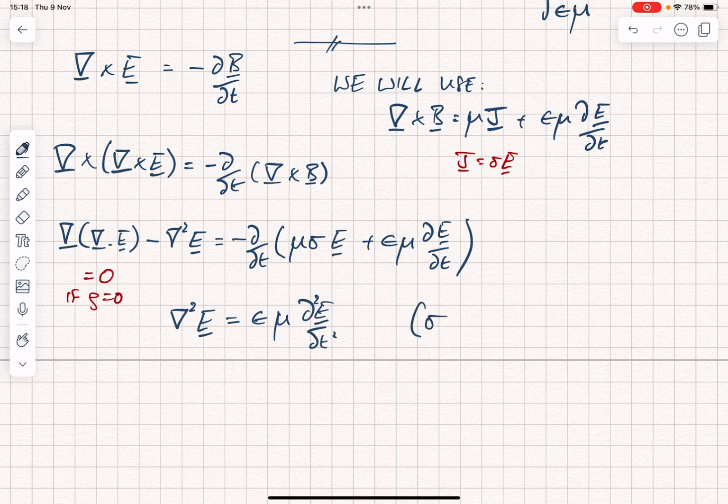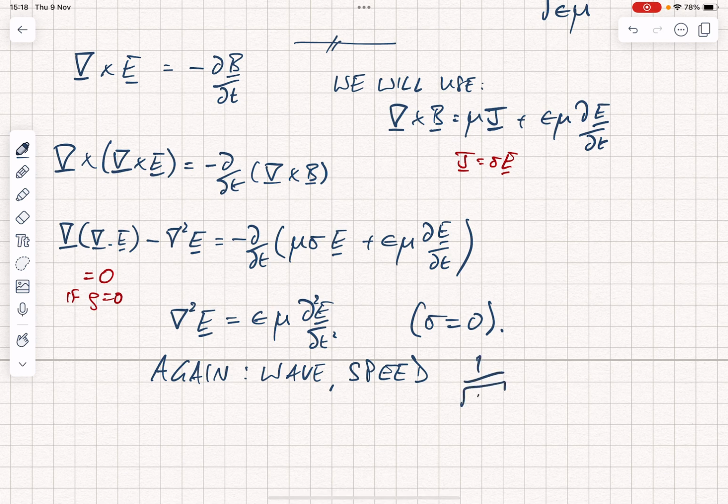And again, I said sigma is equal to 0. And this, again, is a wave equation with speed 1 over the square root of epsilon mu.